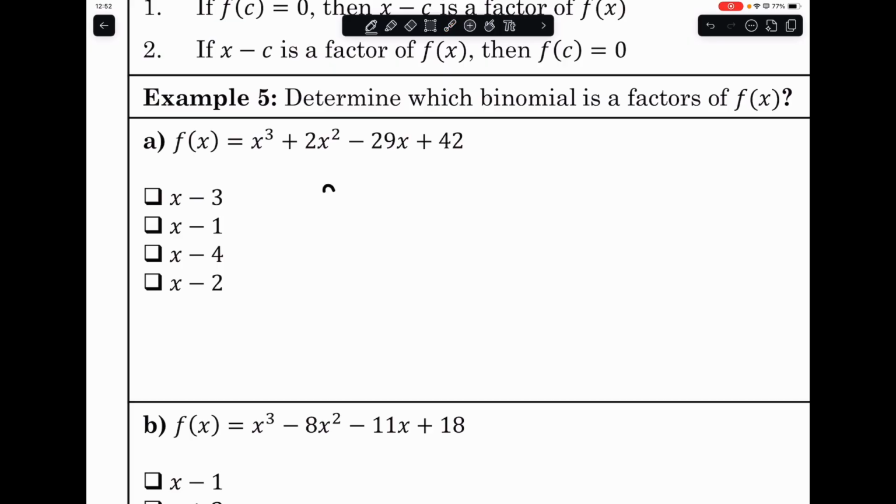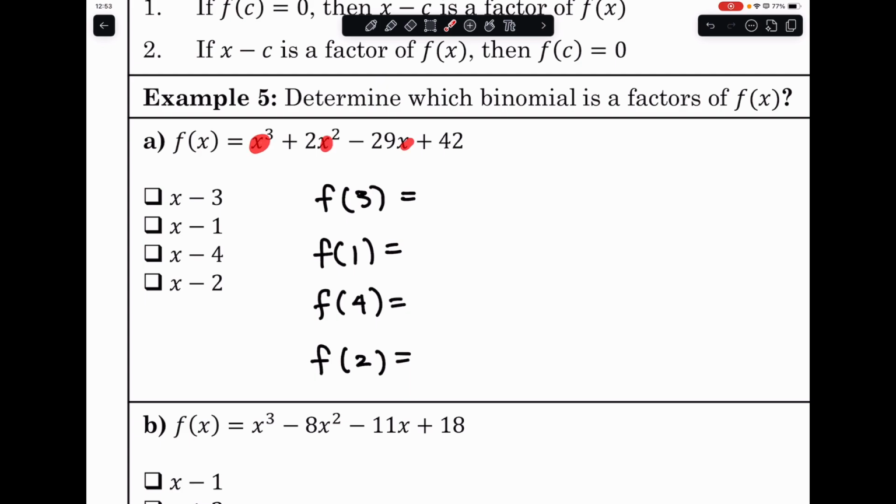So we're going to evaluate f at positive 3, evaluate f at positive 1, evaluate f at positive 4, and evaluate f at positive 2. Using our calculator, I'm simply going to replace all of these x's first with the number 3, and let's see what that gives us. If I plug in the number 3, that equals 0.